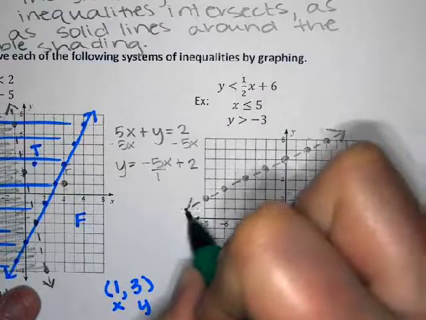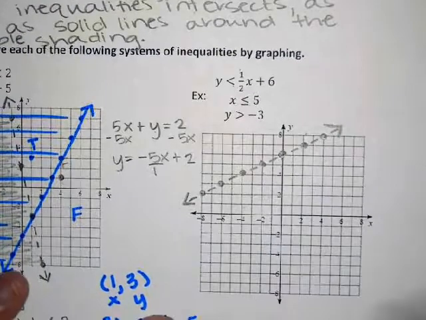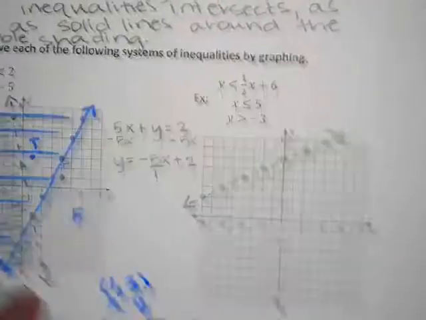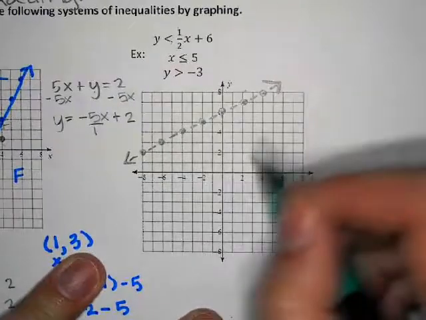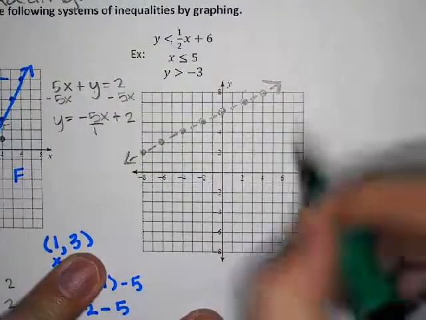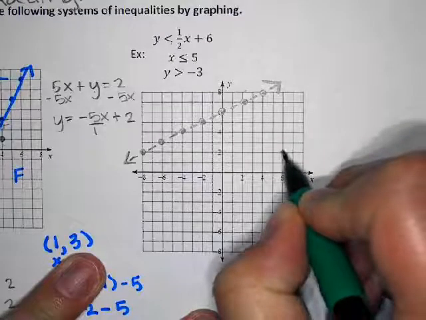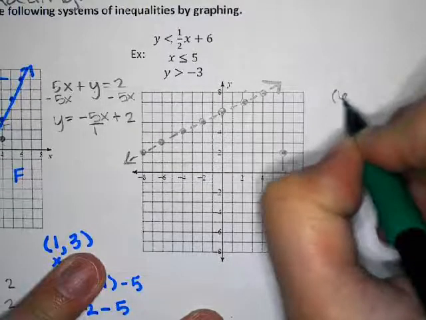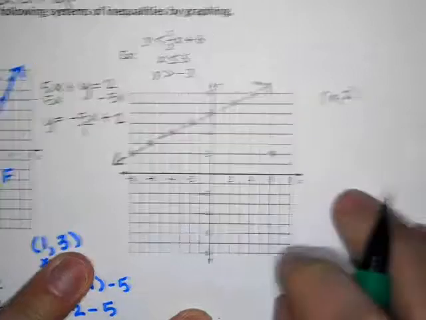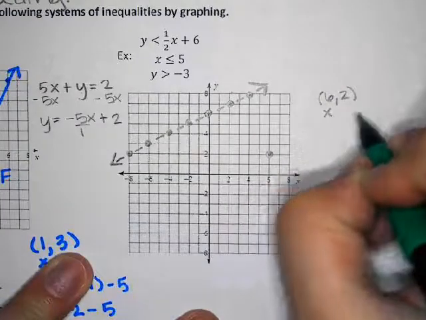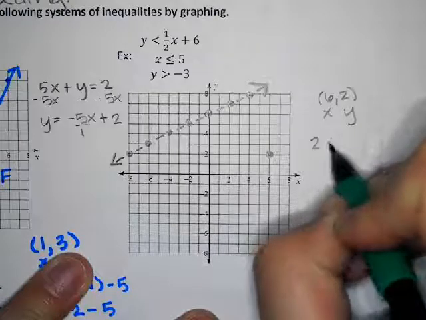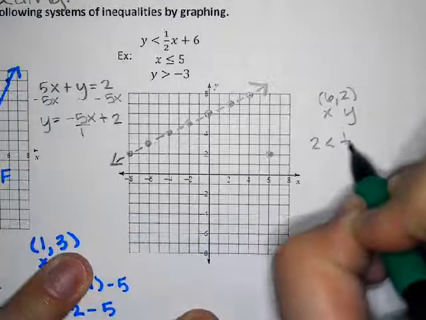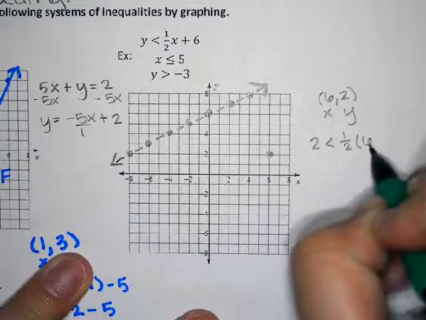Okay, and now I have to pick a point to plug in and see if that point is true. So I'm just going to pick a point over here. I'll do the point 6, 2. Okay, so 6 is the x-coordinate, 2 is the y-coordinate. So I've got y is less than 1/2 multiplied by x plus 6.